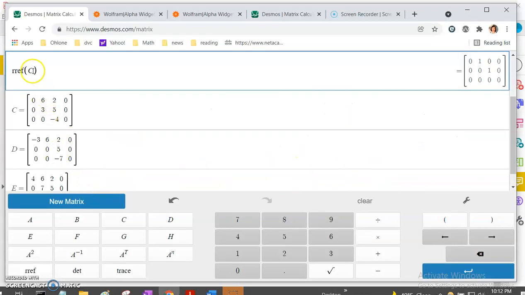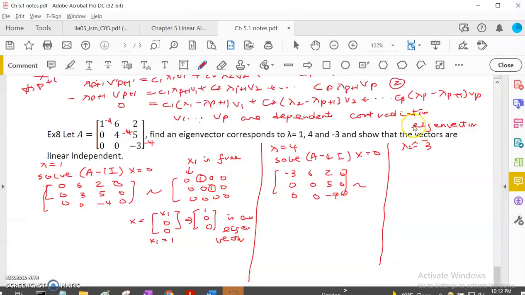So if I do RREF of D, it is 1, -2, 0, 0. 0, 0, 1, 0. 0, 0, 0, 0.